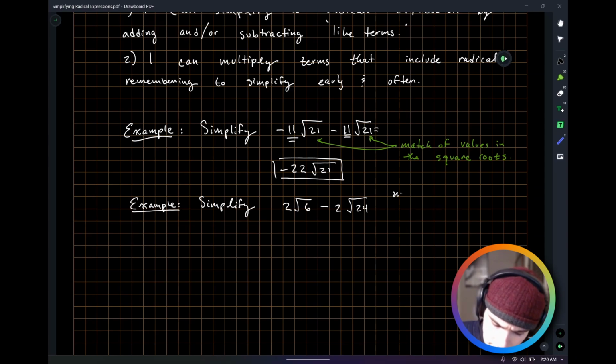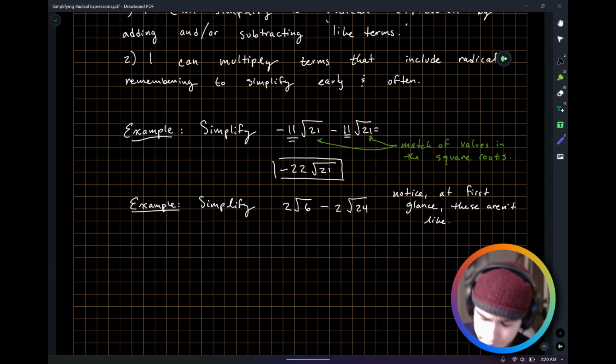Notice at first glance, these aren't like. We couldn't just subtract the 2's and make this 0 times the difference, they're just not like terms, so there's no difference to take at this point.